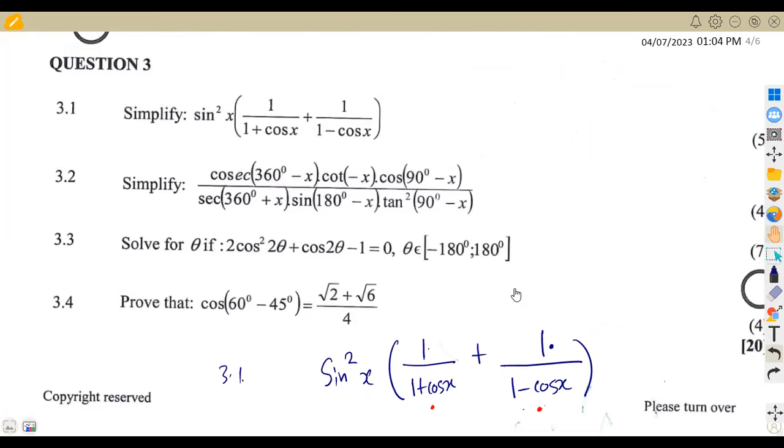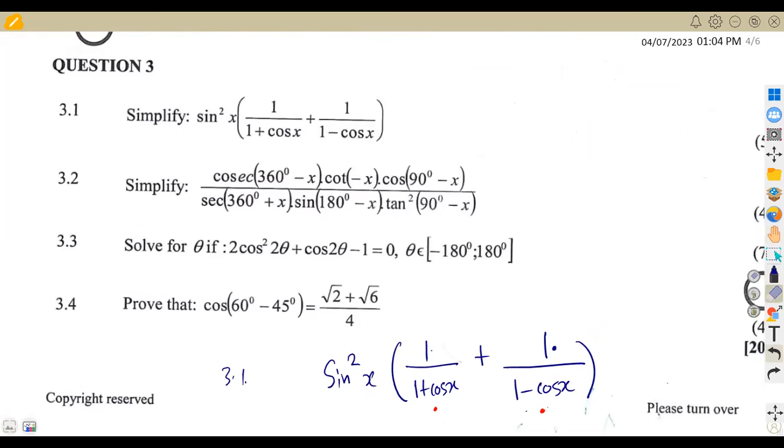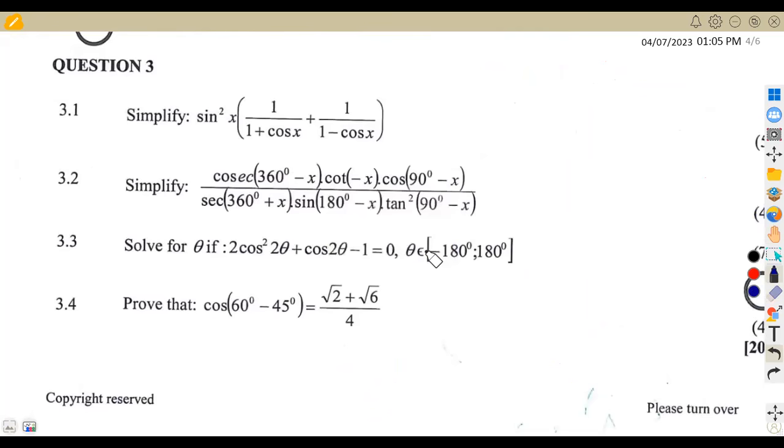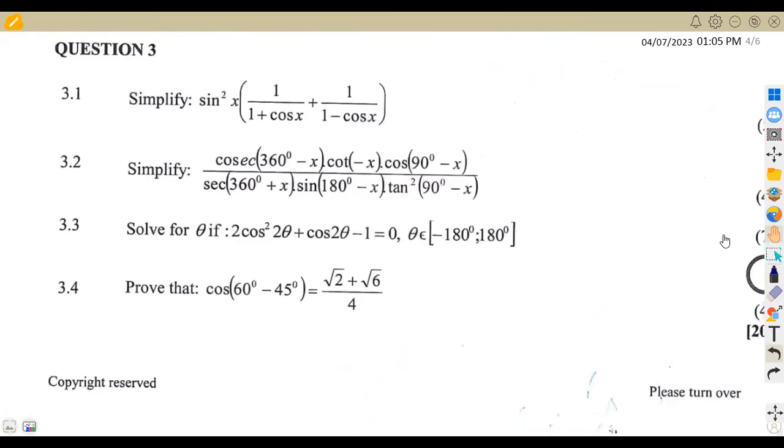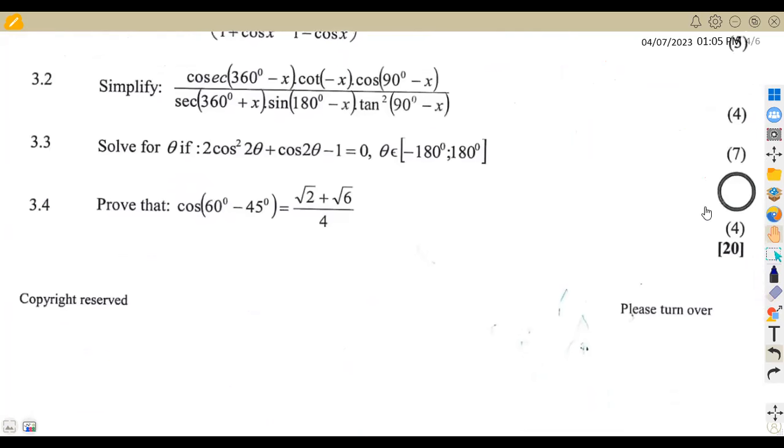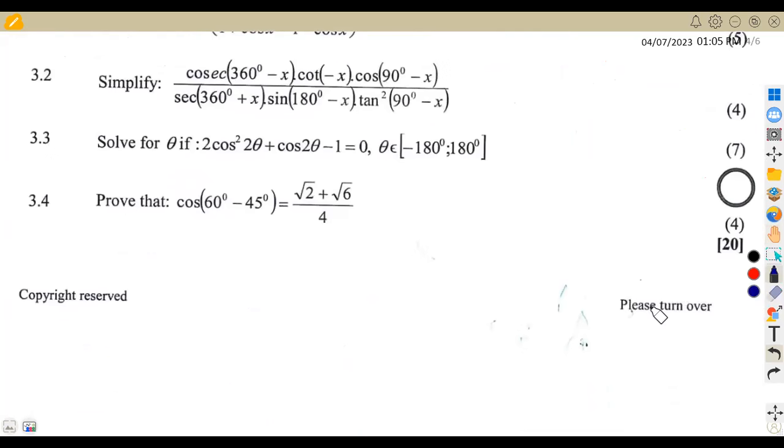In this case, we've got 3.2, where we are given not just identities, but ratios that we can actually simplify further. So we're asked again to simplify. Here we can just directly take our values. We have cosec of 360 degrees minus x.